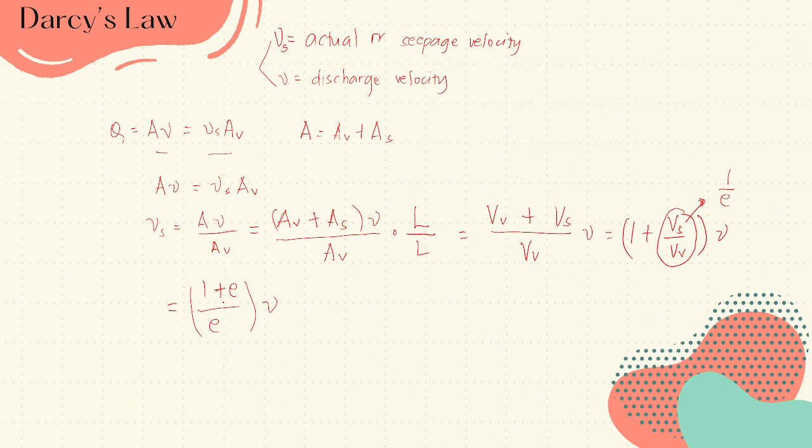So this is equal to V over n. So we can write that the seepage velocity V sub S is equal to the discharge velocity over the porosity.